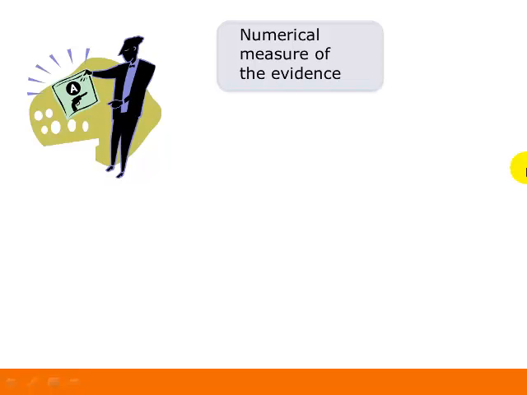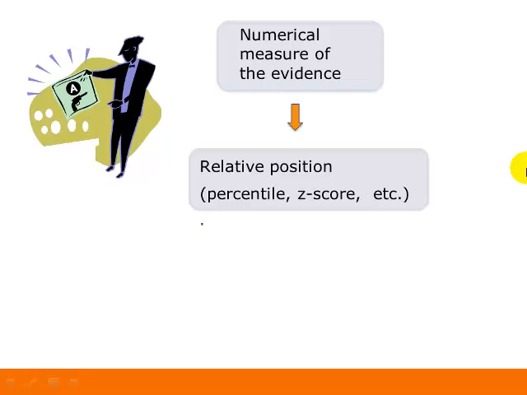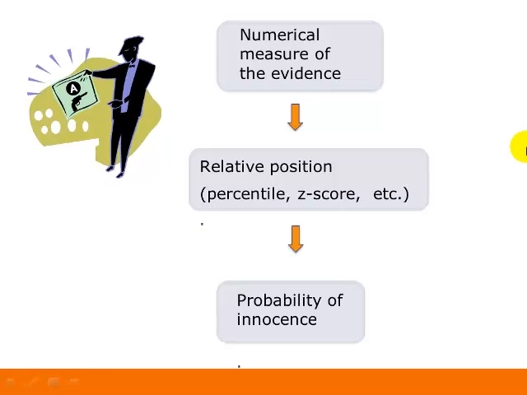So we could find a percentile or a z-score or something that would tell us the relative position of that measure of our evidence. Once we knew that relative position, then we could measure the probability that the defendant is actually innocent, given the strength of that evidence.